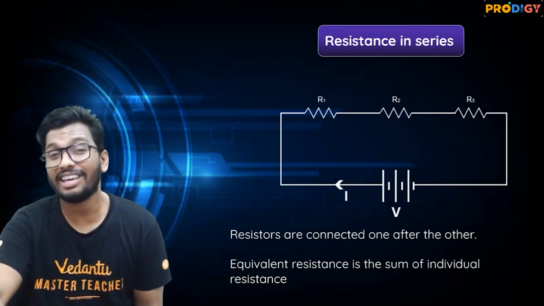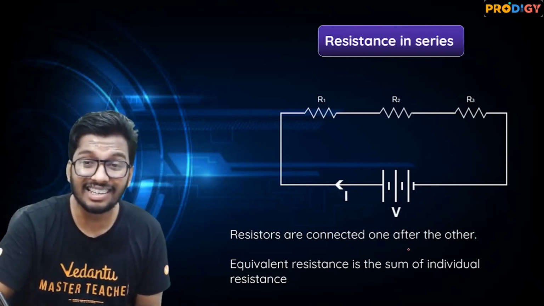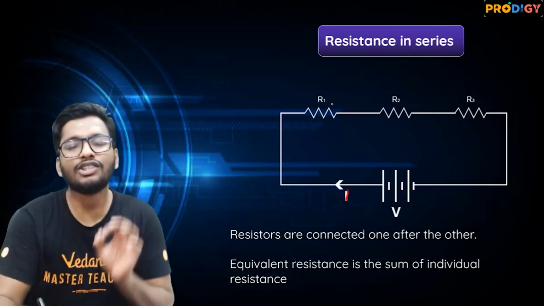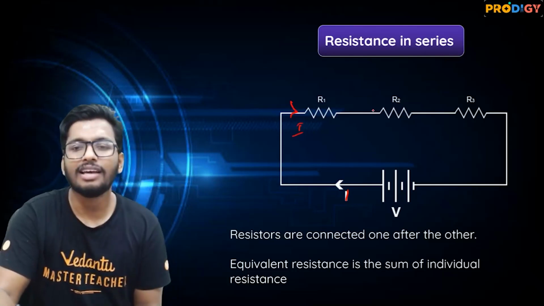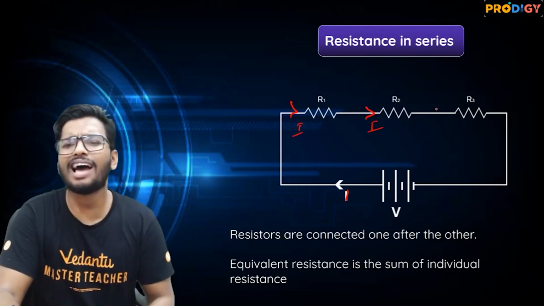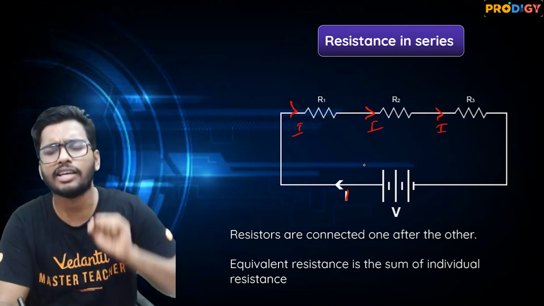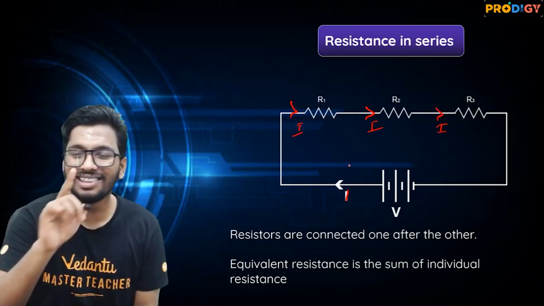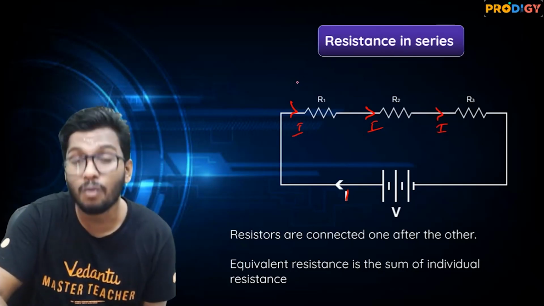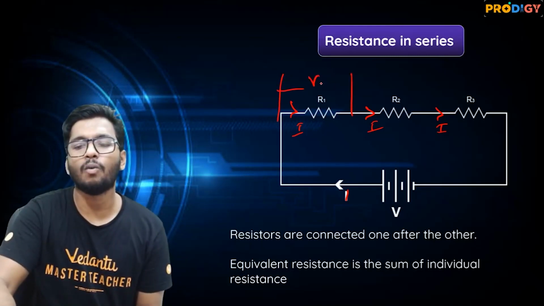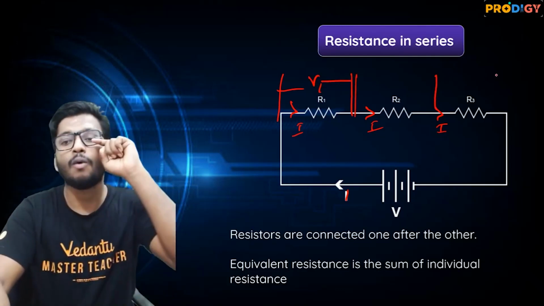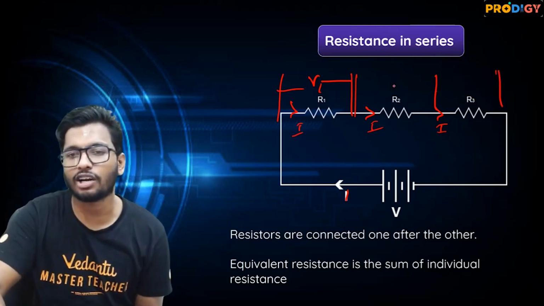Now here, if you look at it very carefully, the current that is flowing through this is going to be the same. The same current passes through R1, R2, and R3 as well. But the one thing that is different is the voltage. The voltage across R1 will be different from the voltage across R2, and different from the voltage across R3.